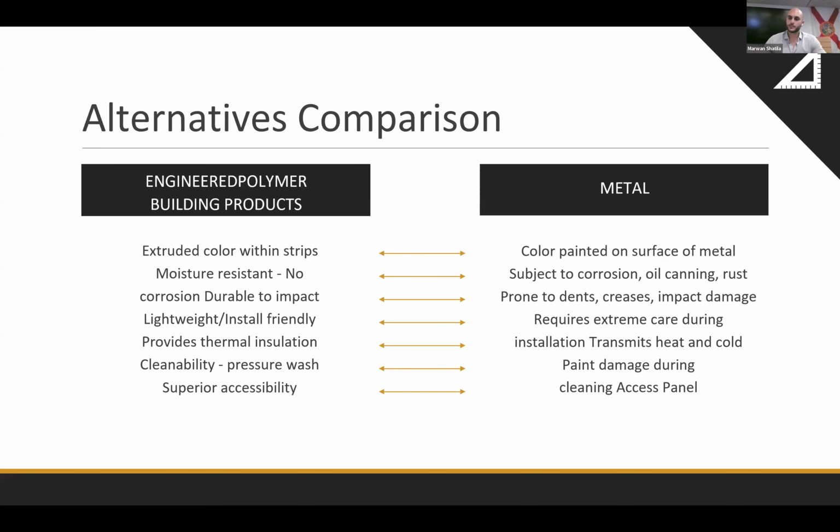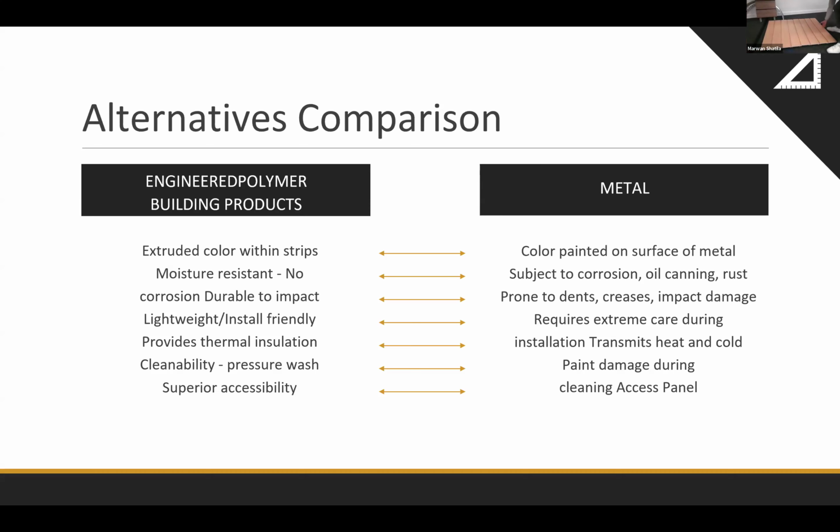Very durable to impact. So I will just, very briefly, hopefully you all can see me. I have some mock-up systems right here. This being one of the panels that we manufacture, on our grid system, not mechanically fastened, just snapped in. If you were to have some kind of an impact to the system, I weigh approximately 200 pounds, but you can see here, I'm able to stand on it.